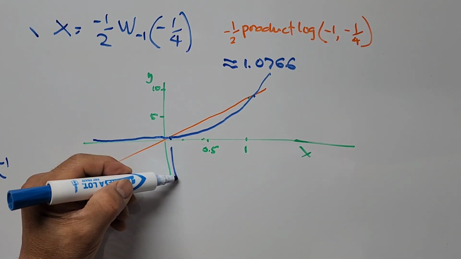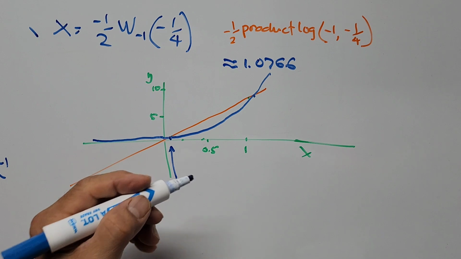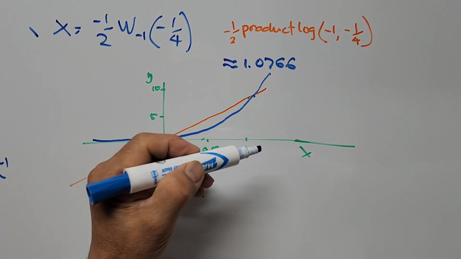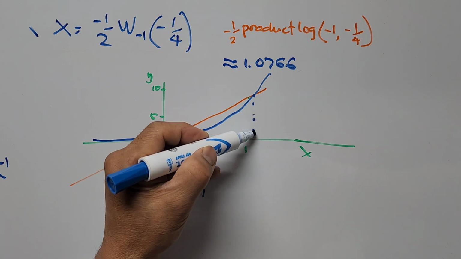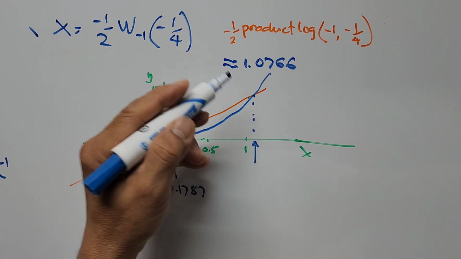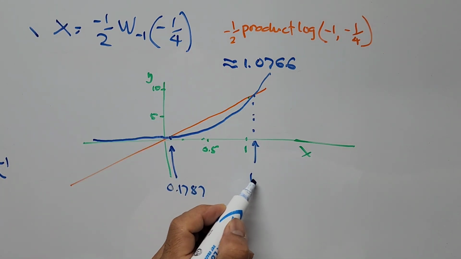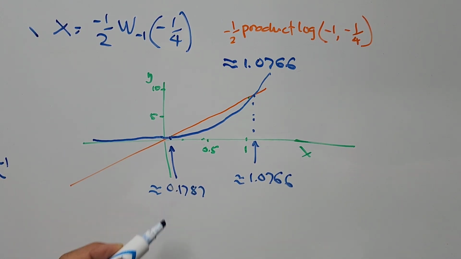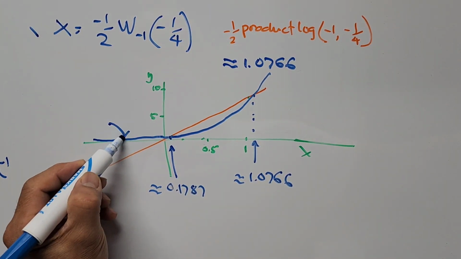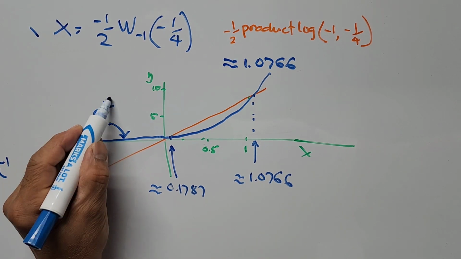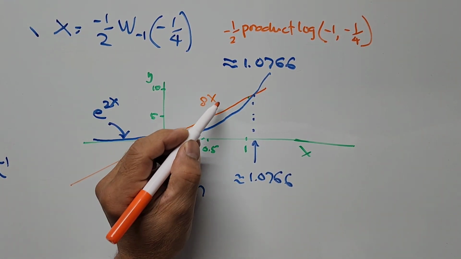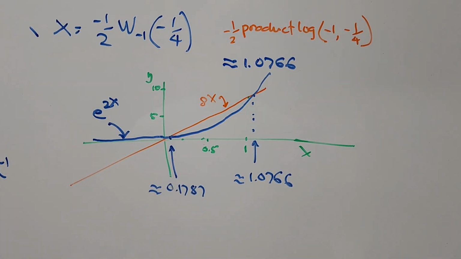So this point right here is 0.1787, and this point right here is approximately 1.0766. So this is the curve e to the power 2x, and this is the line 8x. And so that's the graph of our equation.